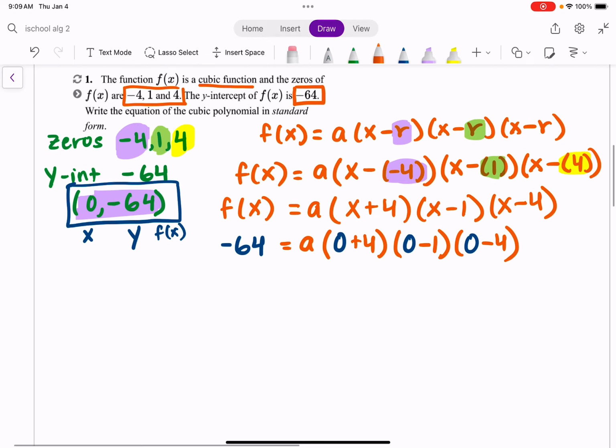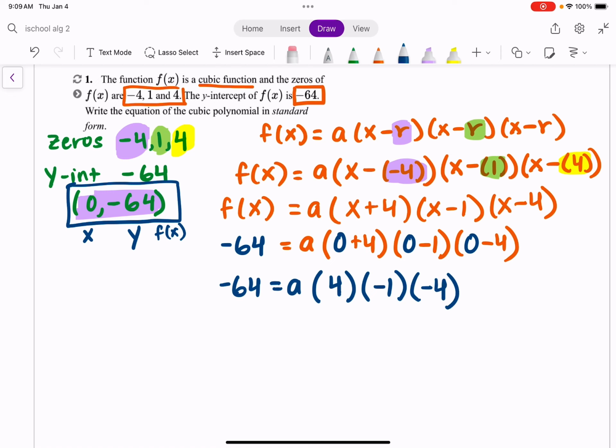From here now, I can simplify and solve for a. So I still have -64 equals a parentheses 4, 0 minus 1 is -1, 0 minus 4 is -4.